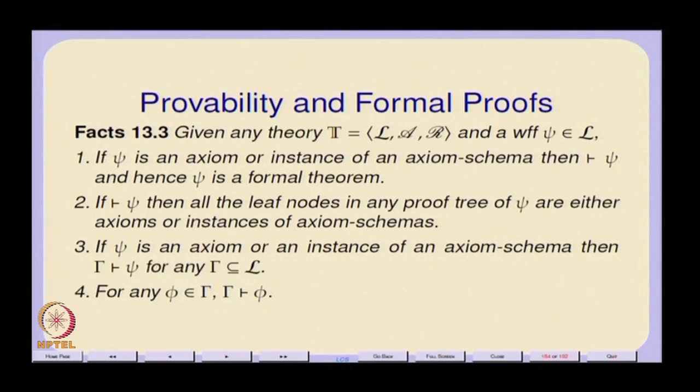They could not be applications of rules unless there was some succeeding node preceding it. And if psi is an axiom or an instance of an axiom schema, it does not matter what assumptions you make, psi is still provable from those assumptions, except that you are not going to use any of those assumptions probably.